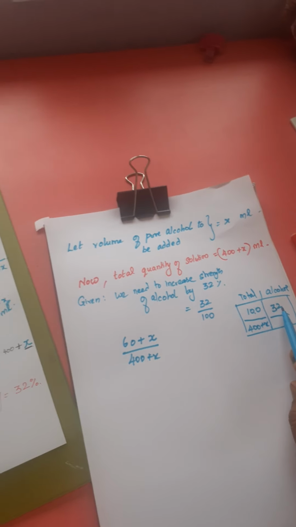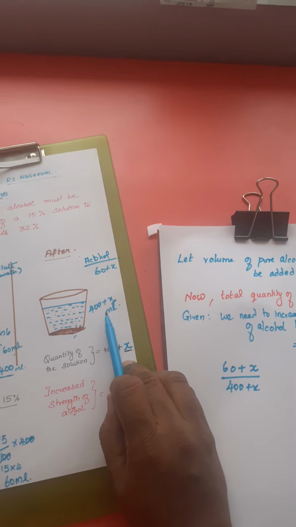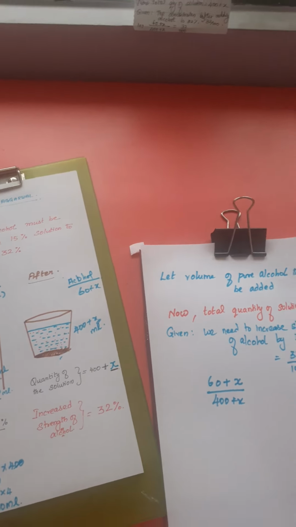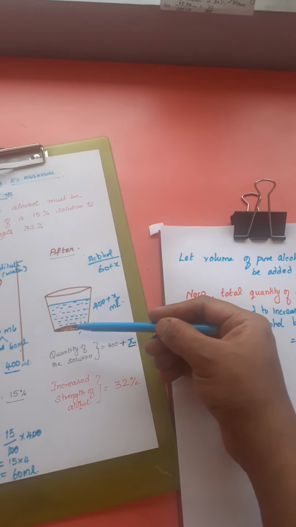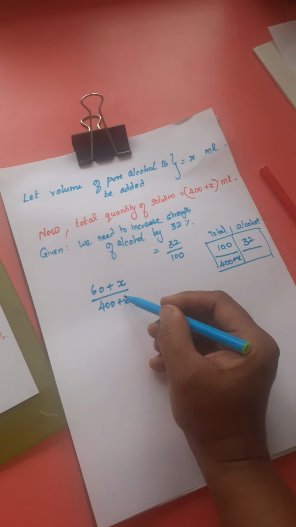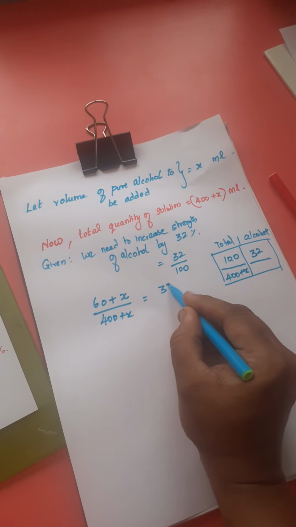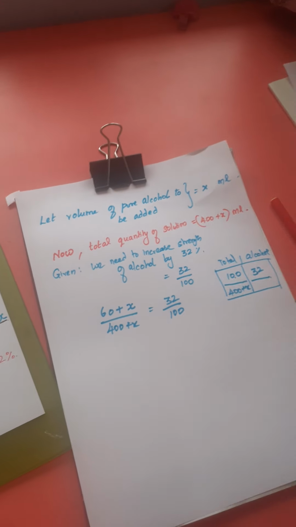So out of 100, if it is 32, now the actual quantity is 60 plus x out of 400 plus x. That's why I am writing it like this: (60 plus x) divided by (400 plus x) equal to 32 by 100. This is the linear equation required to find x.